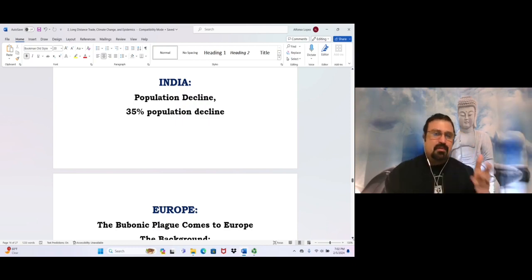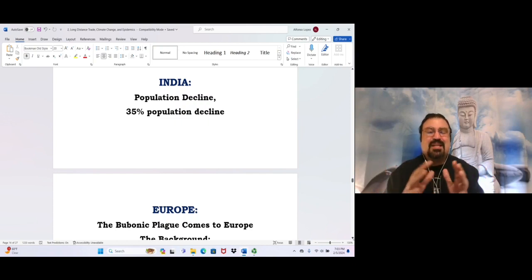India also suffered a great population decline. About 35% of its population was also, again, shattered as well. Here, the main issue in India was that many of the towns and cities of India were highly concentrated. They were densely populated.